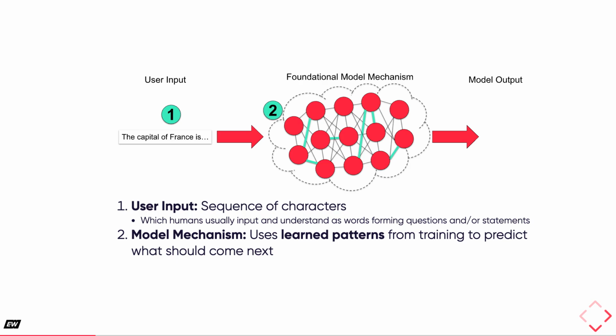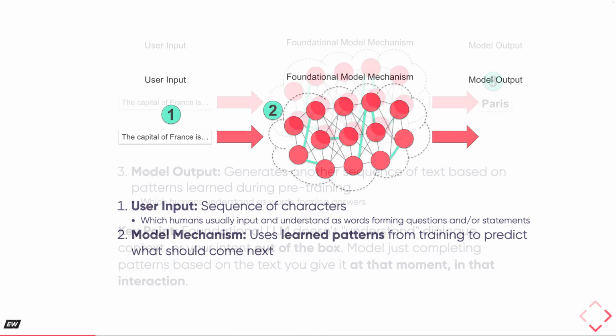Humans typically interpret these sequences as words forming questions or statements, like the capital of France is, as shown in step 1. This input is then fed into the model mechanism, as indicated in step 2. The model, using the learned patterns it acquired during its extensive pre-training, then predicts what sequence of characters or tokens is most likely to follow.